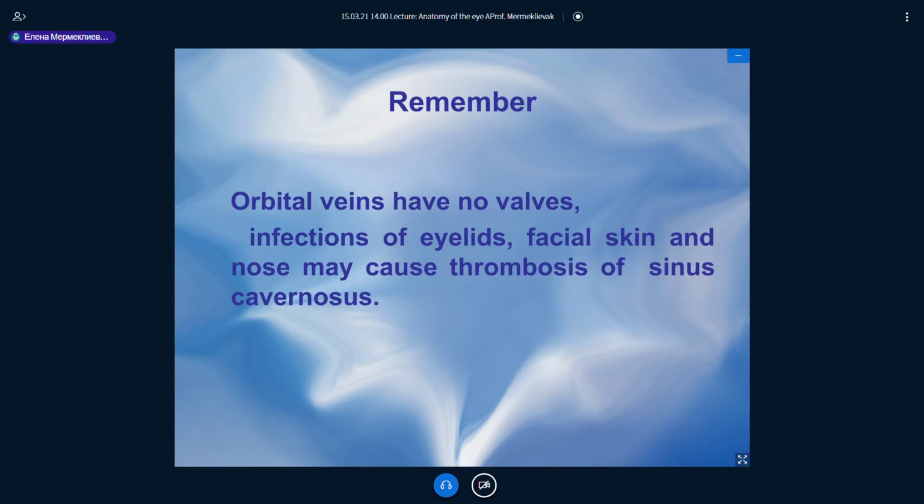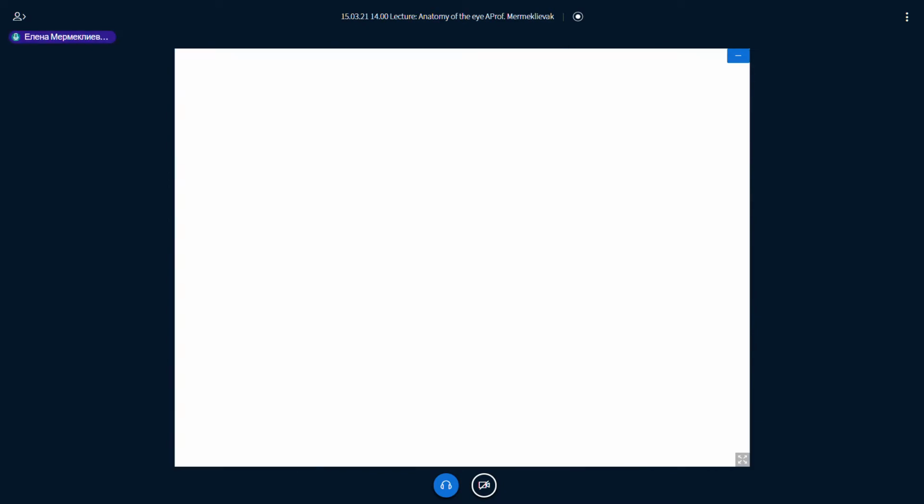The orbital veins have no valves, and infection of eyelids, facial skin, and nose may cause thrombosis of the cavernous sinus. You know that it is a life-threatening condition.